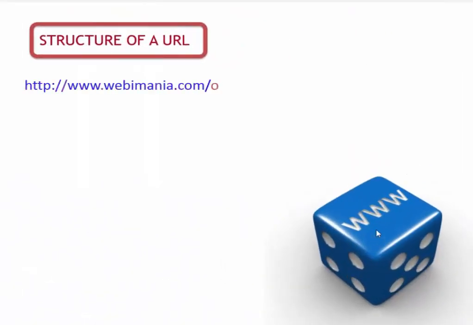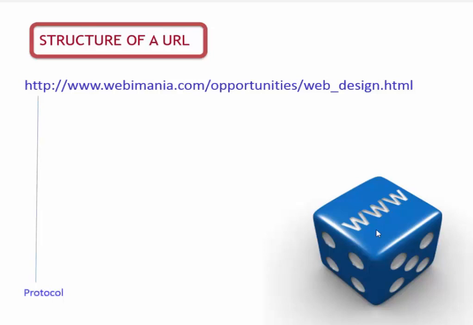This is a typical example of a Uniform Resource Locator: http://www.webmania.com/opportunities/webdesign.html. So let's look at the structure of a typical Uniform Resource Locator. We have the first part, the HTTP, that is Hypertext Transfer Protocol. That is the protocol for the communication.